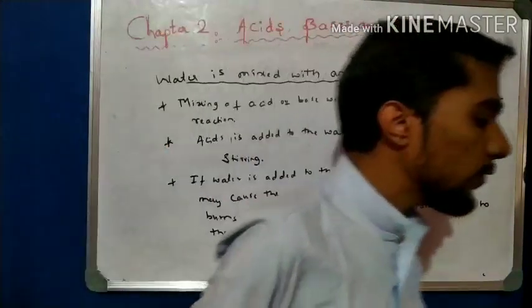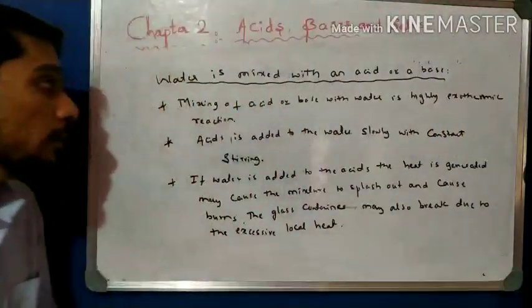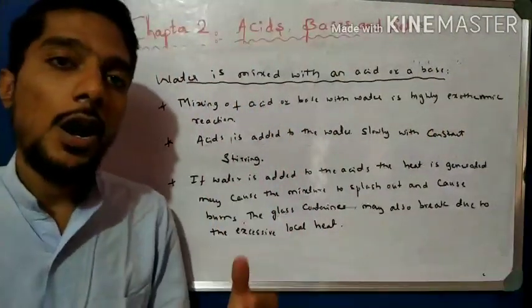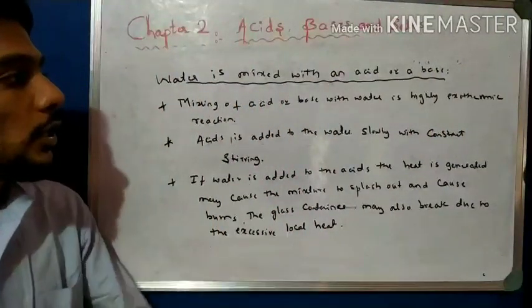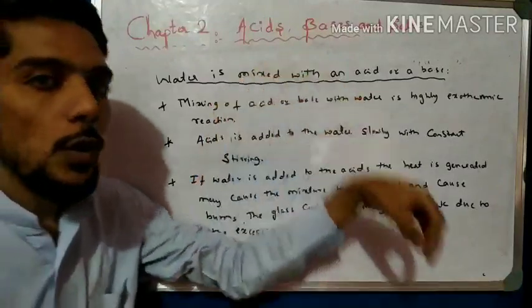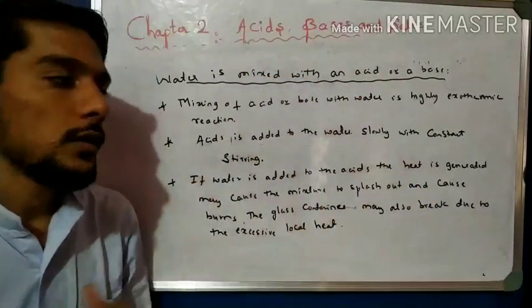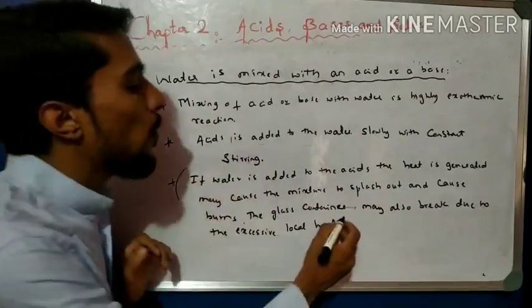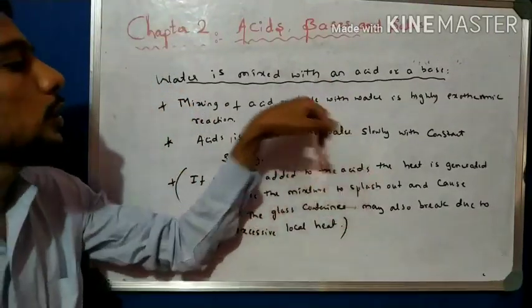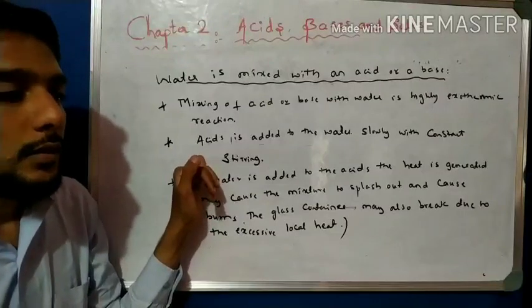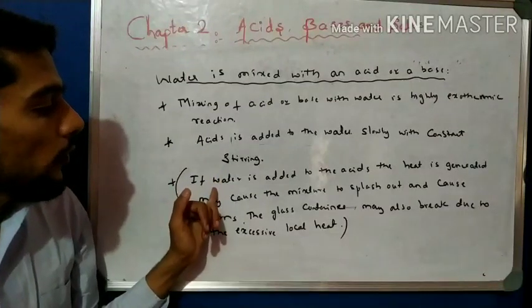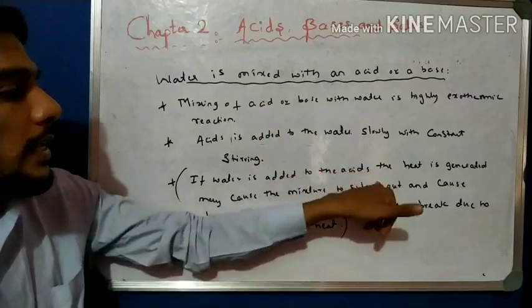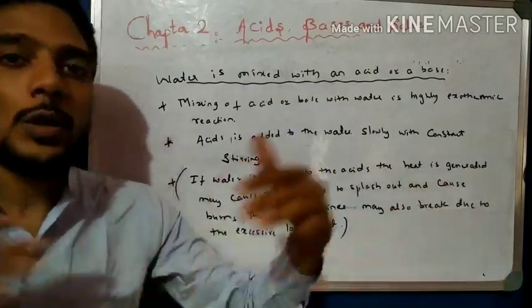So that is a very important point to remember, the dilution method: how you dilute the acid or base, you must add acid to the water, not the reverse, not water to the acid. Why do we not add water to the acid? Give reason. Because if water is added to the acid, a huge amount of heat is liberated.